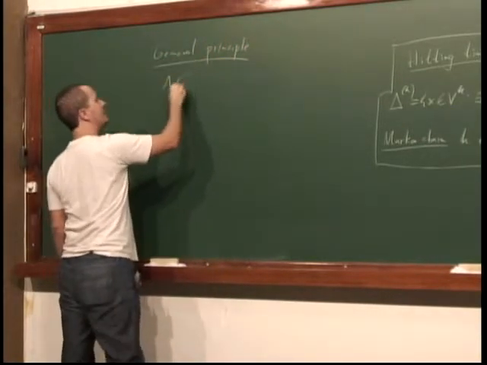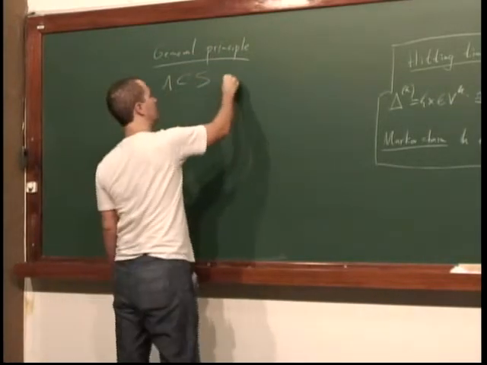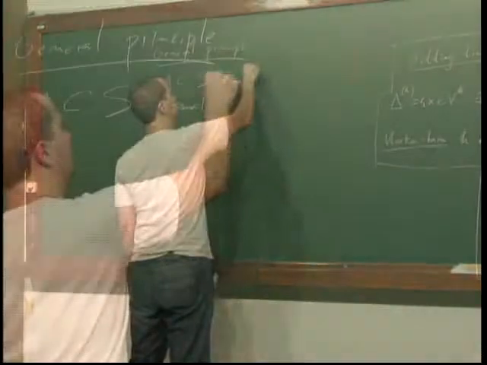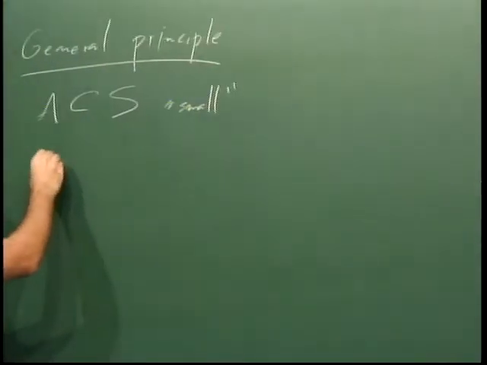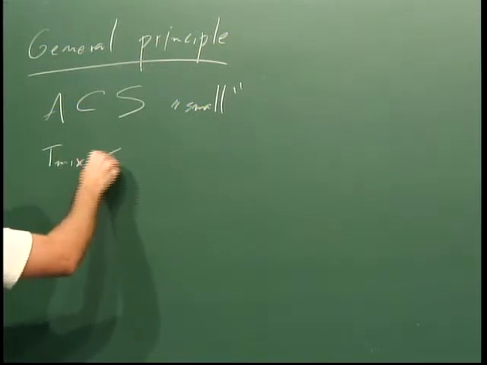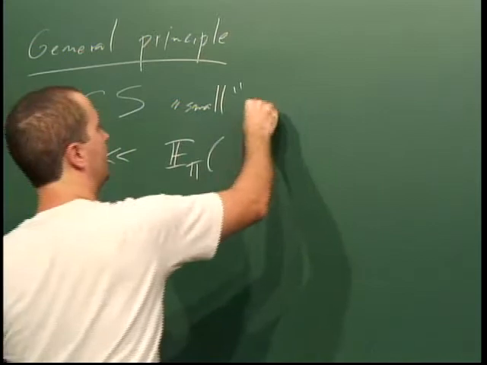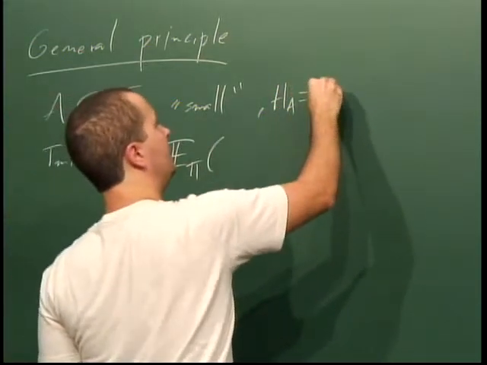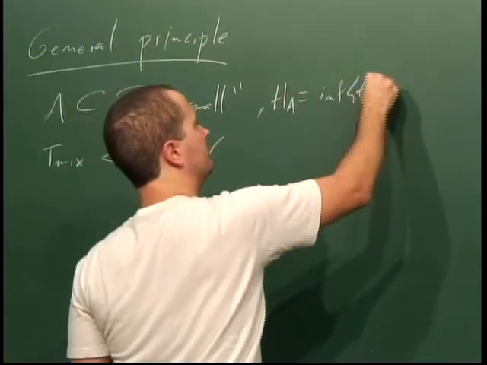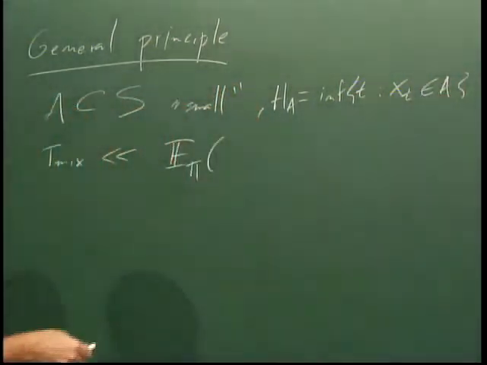Let's say that you have a subset of your state space which is small, meaning that the mixing time is much, much smaller than the expected time it takes you to hit it. Let me say, the hitting time of A is just the smallest t such that you belong to A.